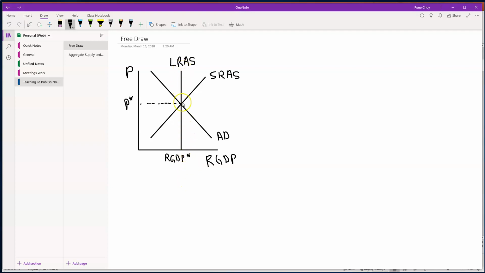Now the long run line determines real GDP, but in a sort of potential future. And this real GDP has to do with the natural level of the economy.